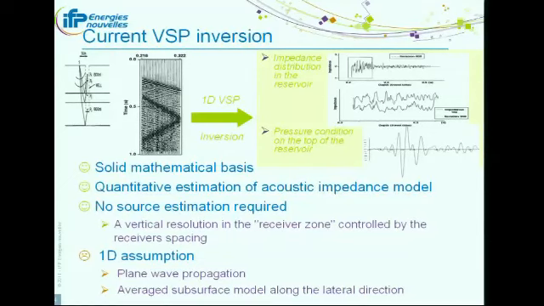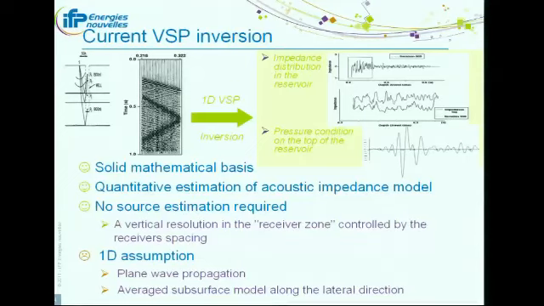acoustic impedance model. But the strength of this approach is that it does not require any a priori estimation of the seismic excitation, because simultaneously with the impedance distribution, we also reconstruct the pressure condition at the top of the reflector, at the top of the reservoir.